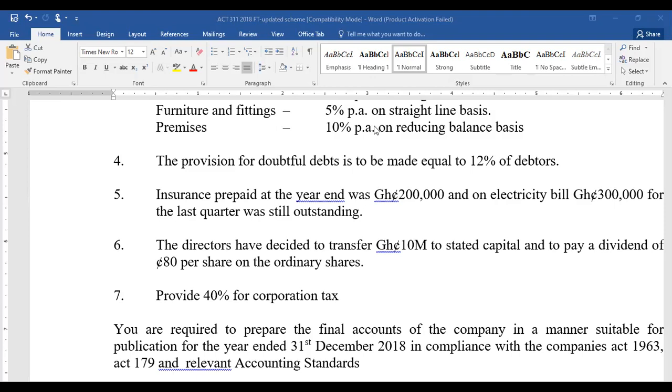Sometimes you can have transfer to general reserve, transfer to capital surplus, transfer to revaluation reserve or revaluation surplus. All transfers they are doing out of the profit they make must appear over here.